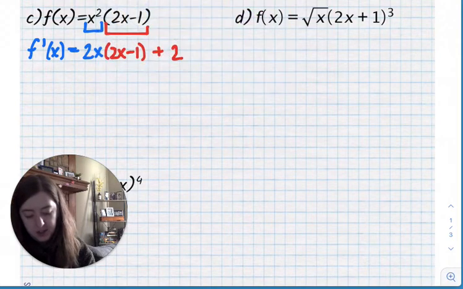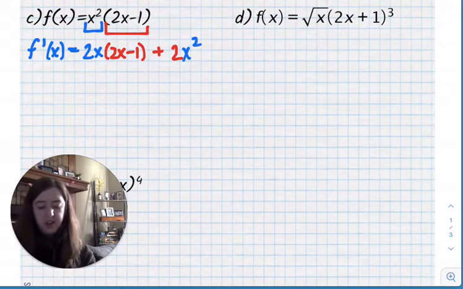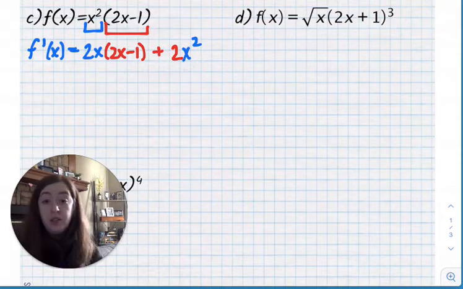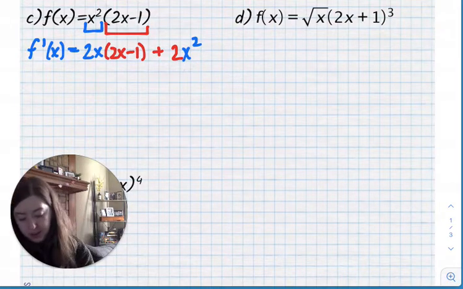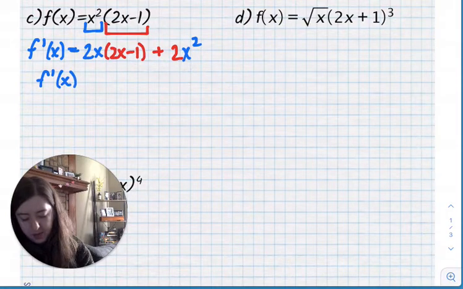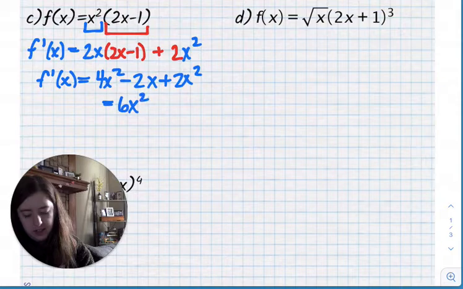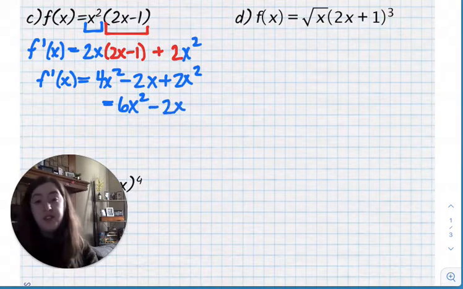Times the first, so x squared. Cool. So now we'll simplify a little bit. f prime of x equals 4x squared minus 2x plus 2x squared. So we're ending up with 6x squared minus 2x for that derivative.